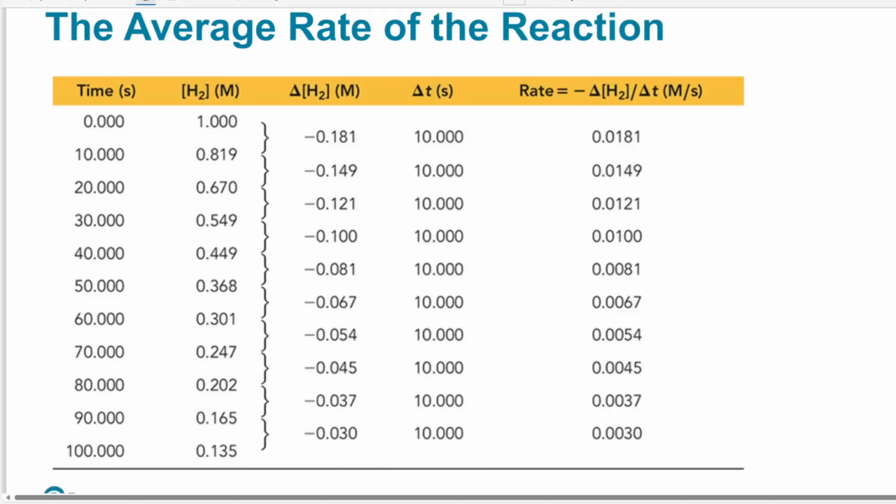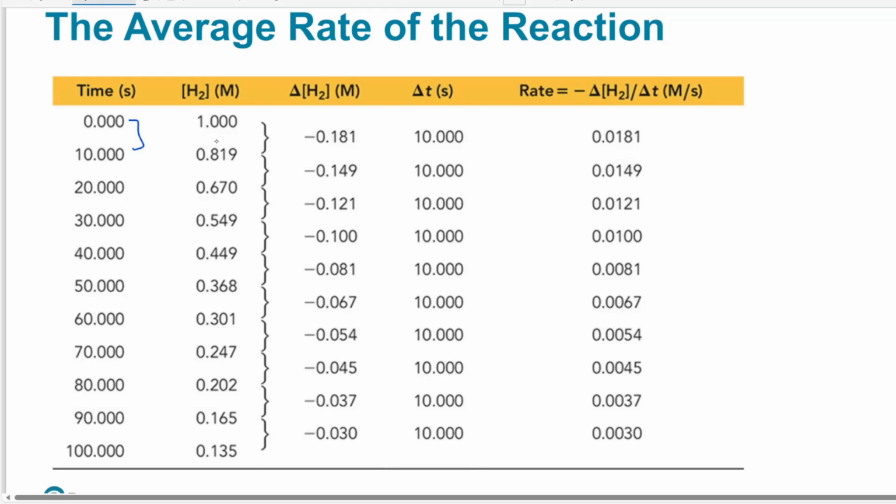In order to determine the average rate of a reaction, we'll need to measure the concentration of one of the reaction species at definite time intervals. For example, we see here we're measuring the concentration of H2 from the previous reaction at the time interval, which is 10 seconds. So every 10 seconds we get a reading.